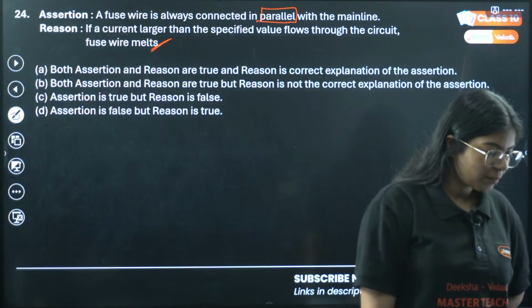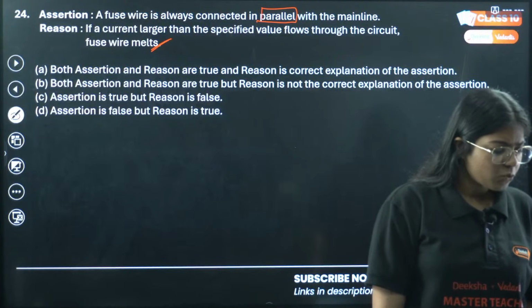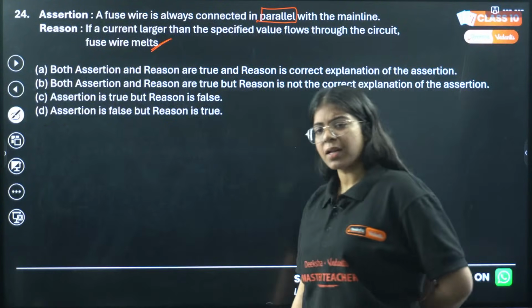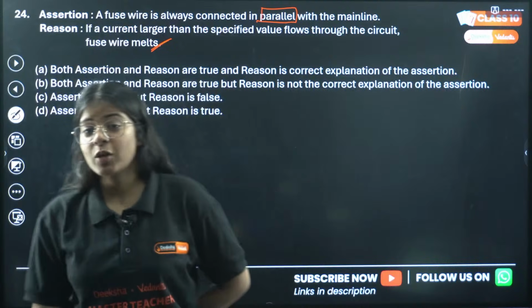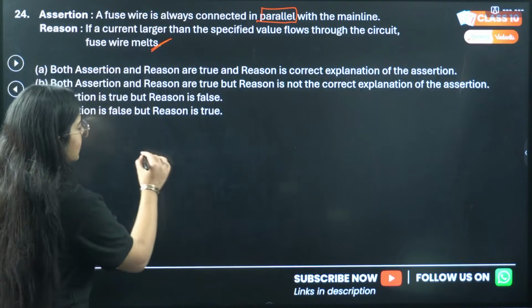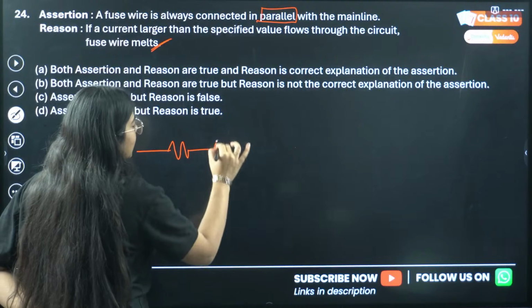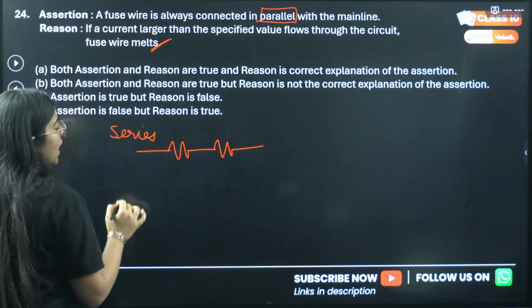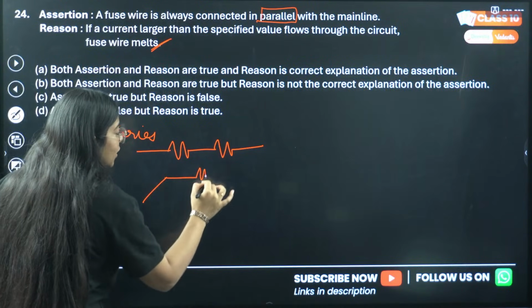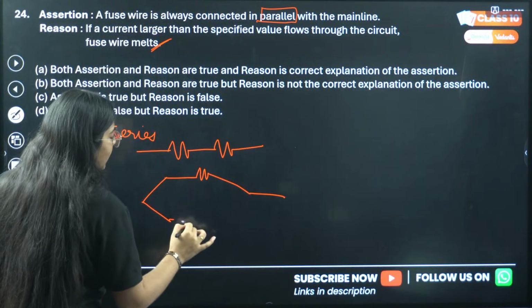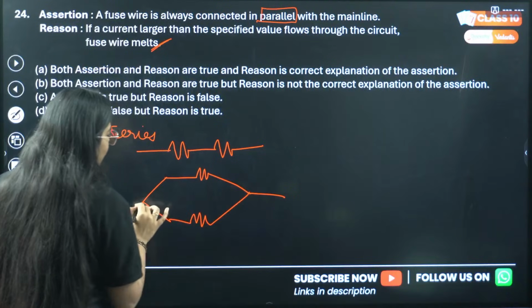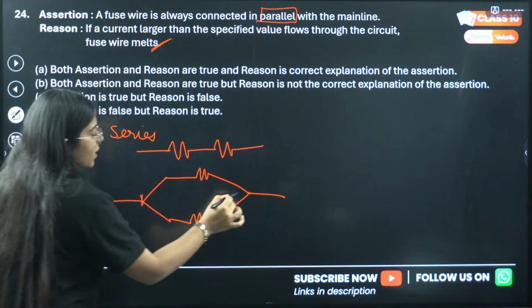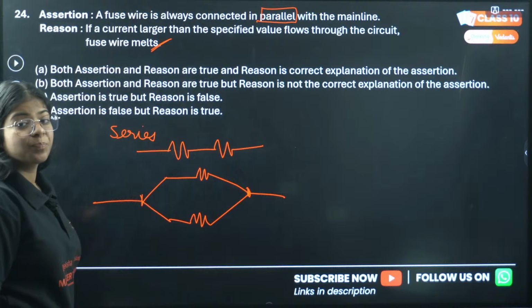What does it say? Parallel resistance. What is the difference between series and parallel resistance? If it's a question, you can basically write this. If my resistances are connected one after the other, this is series. If more than one resistance is connected between two single points, then it is parallel.